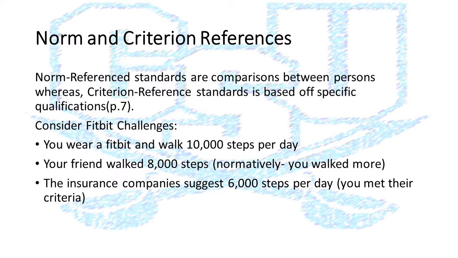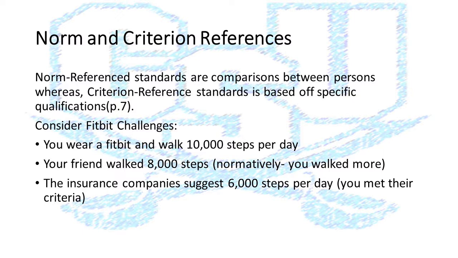Here is another slide referencing norm and criterion references. Norm reference standards are comparisons between persons, whereas criterion reference standards are based upon specific qualifications or criteria. Consider the example that I have on the slide. You are wearing a Fitbit and you walk 10,000 steps per day. That's your goal, that's what you're doing, great.